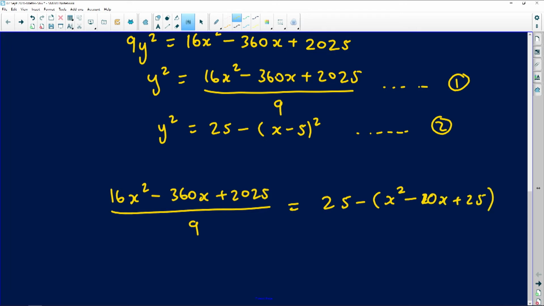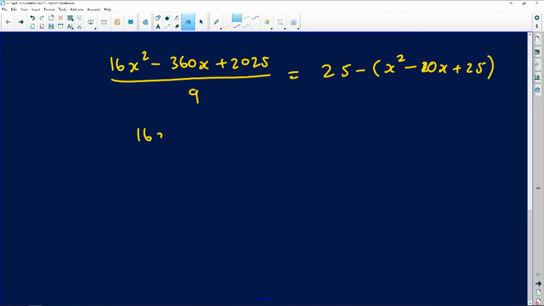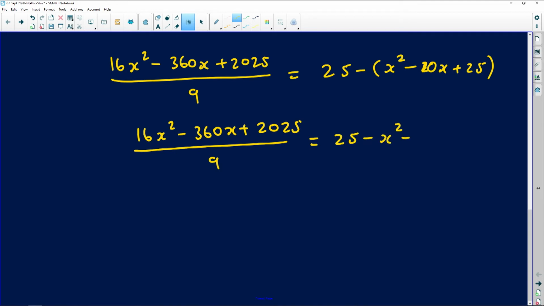Then let's remove the brackets, which leaves us with 16x squared minus 360x plus 2025 all over 9 is equal to 25 minus x squared plus 10x minus 25. Now I need to remove that 9 in the denominator, just a matter of multiplying everyone by 9.